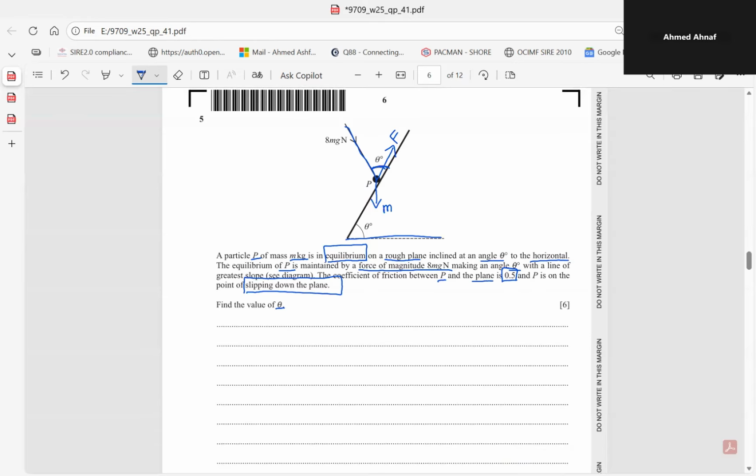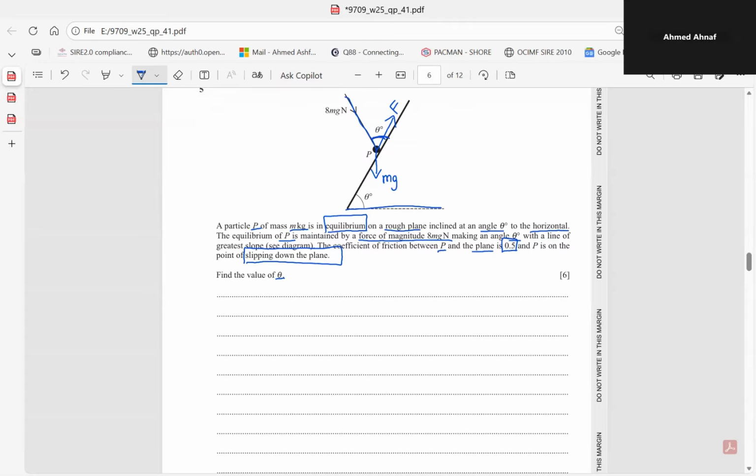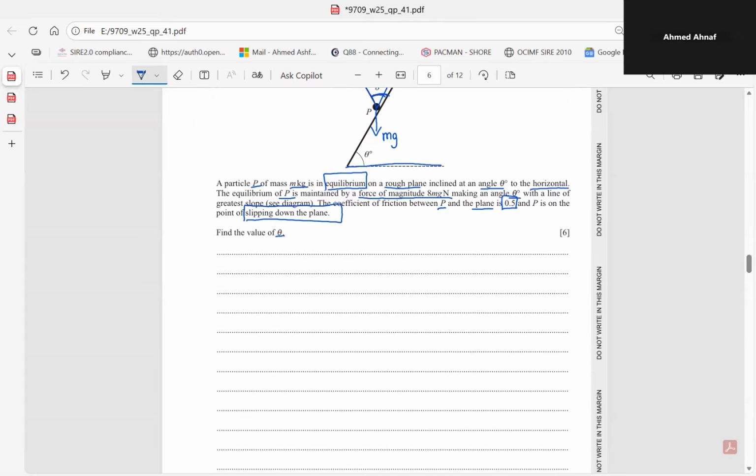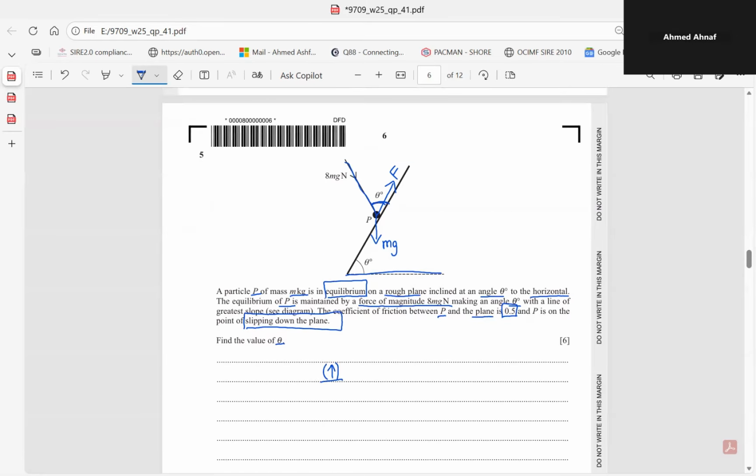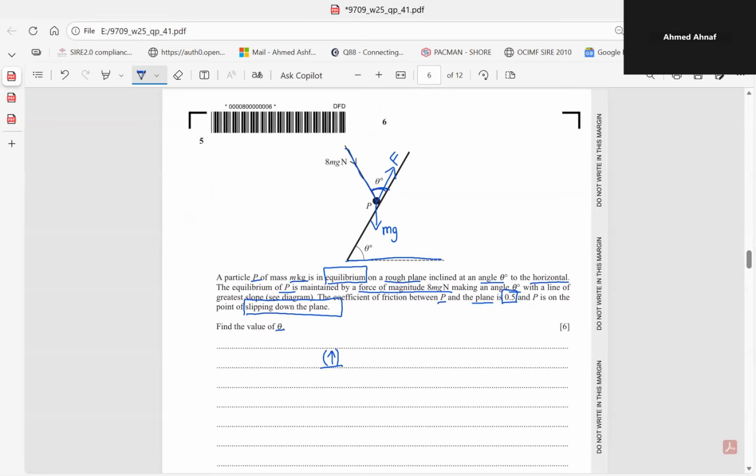So mg, and then friction, we already accounted for it. I don't think there's anything else. It's just these three forces. Now we're going to take the vertical equilibrium, like we're going to take the vertical components of all the forces.